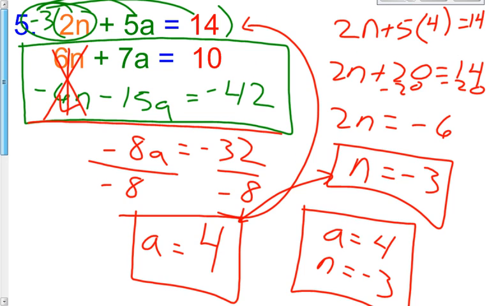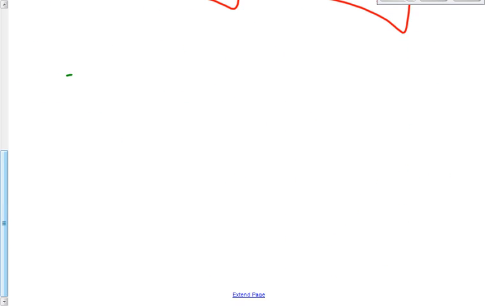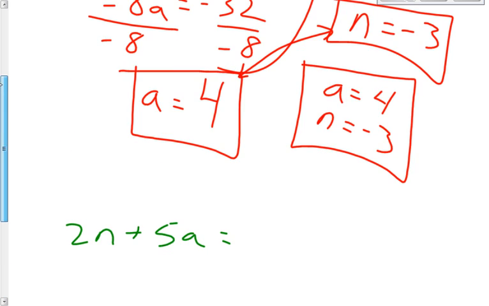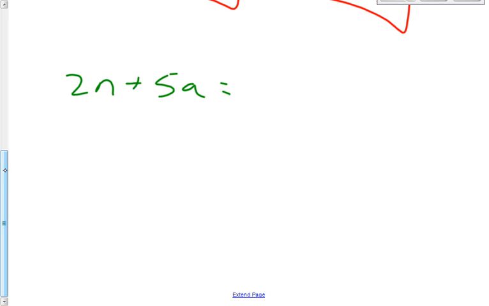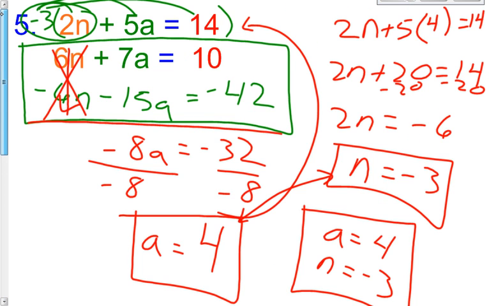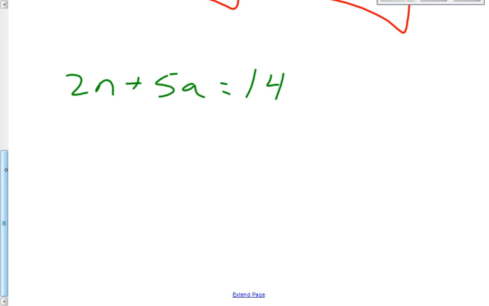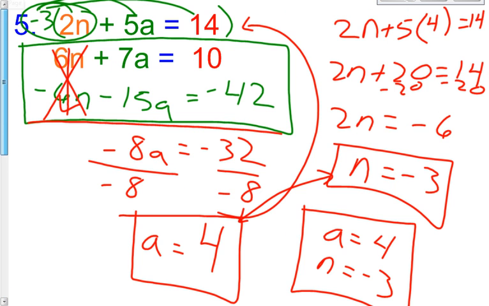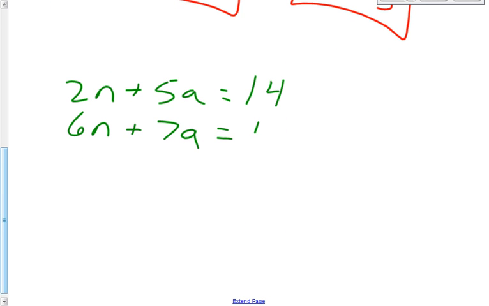You eliminated the a's, so 2n plus 5a equals 14, and we got 6n plus 7a equals 10. Girls, you had the harder one on this one.